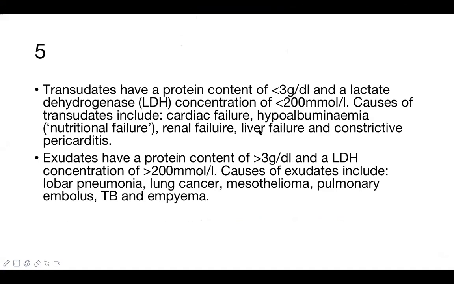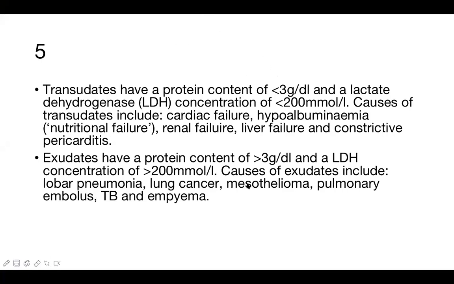And causes of transudates are, any student can answer this: heart failure, hypoalbuminemia because of any nutritional or malnutrition we should say, or probably protein losing enteropathy. Renal failure, most important is nephrotic syndrome. Rather than failure, we should write renal diseases here. Liver diseases, like cirrhosis of the liver and even constrictive pericarditis. All of these are the causes of transudative fluid collection.